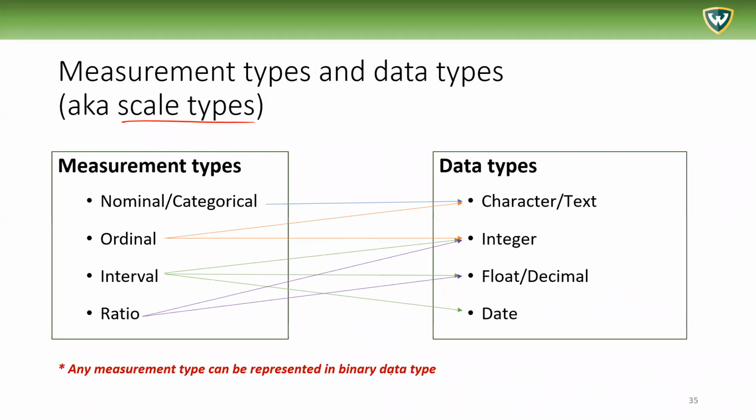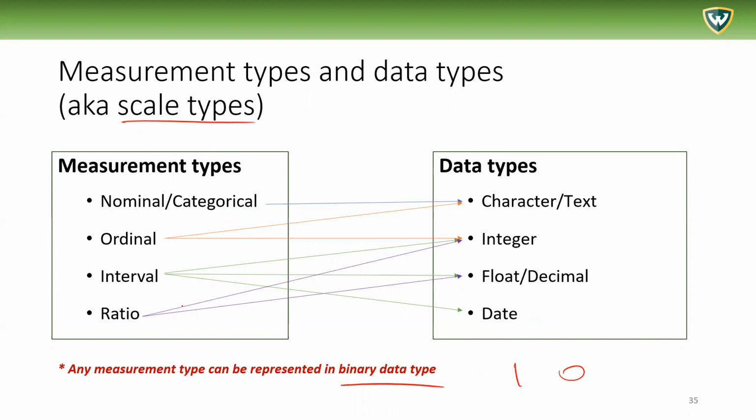Notice also, I forgot the binary data type here, but I added it: any measurement type can be represented in binary data types. That is, any category, nominal or categorical measurements, ordinal, interval, ratio, they can all be represented in binary, which is 1 or 0, or true or false.